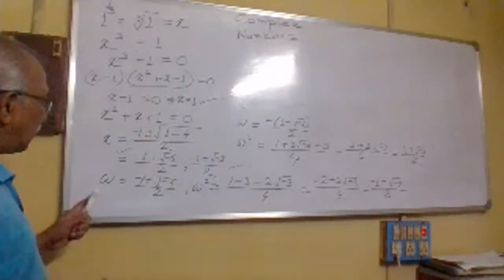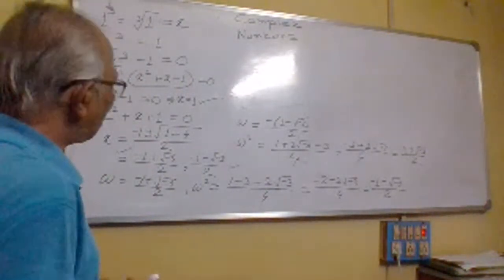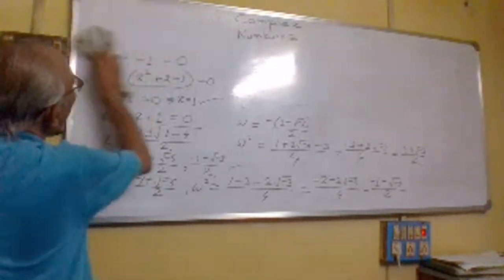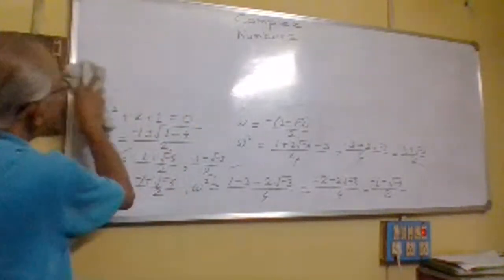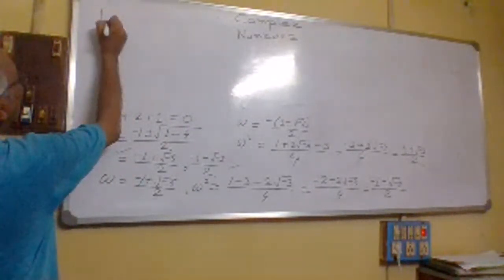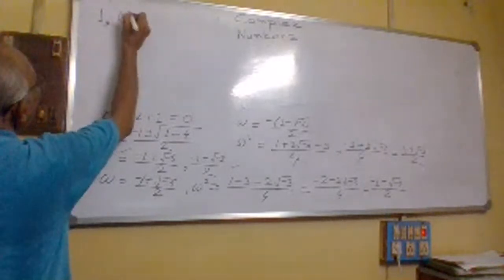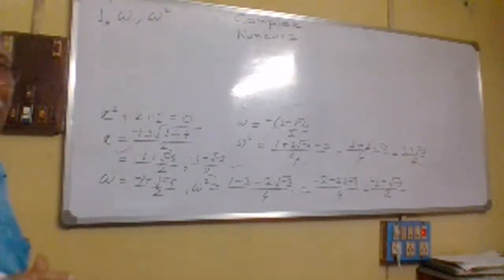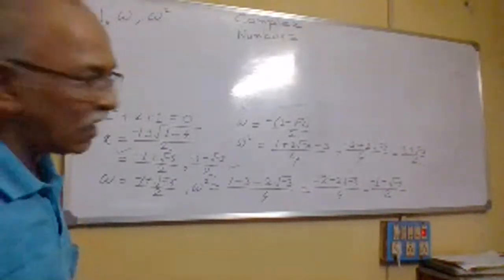In real numbers you can get it only for 1, since 1 square is 1 anyway. So there are three solutions of cube root of unity: 1, omega and omega square. These are the three solutions you are getting.